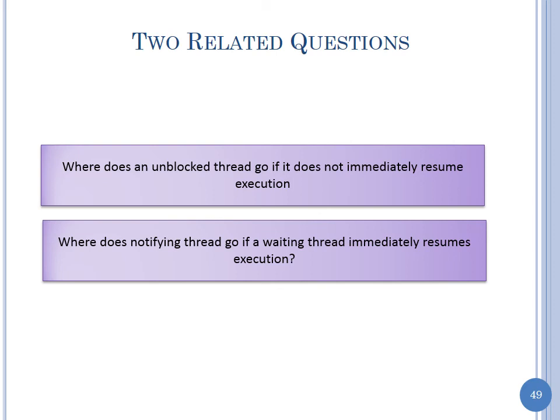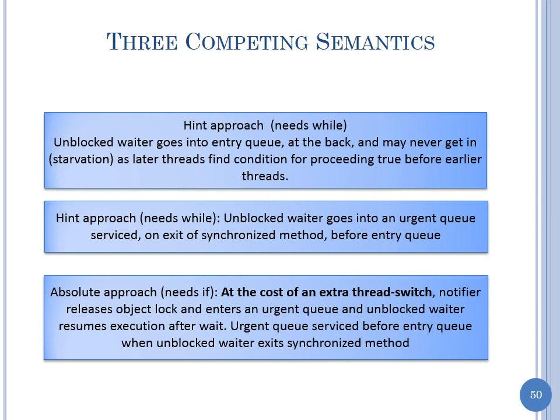Both threads cannot execute their synchronized methods at the same time. So there are two approaches, hint and absolute. In the hint approach, we need the wait to be in a while loop. And in the absolute approach, we need the wait to be in an if. So let's come to the hint approach.